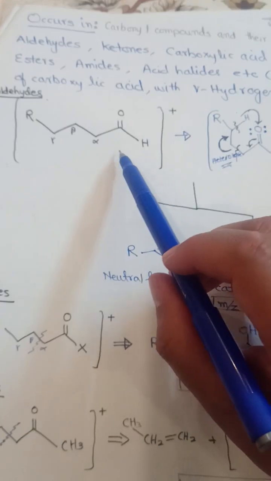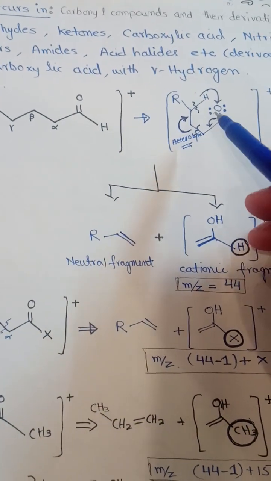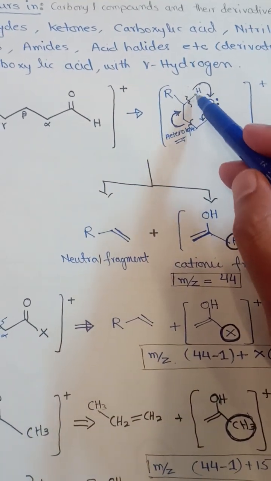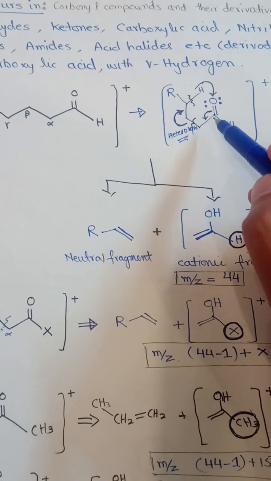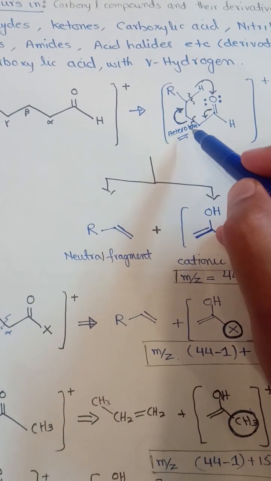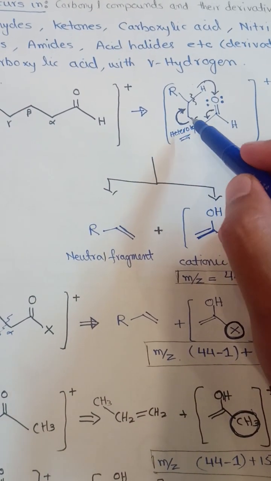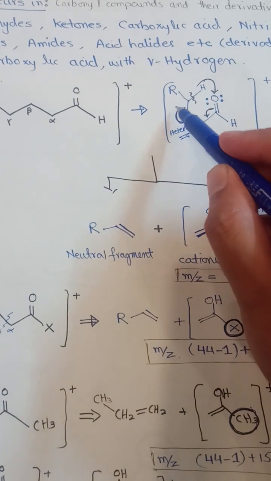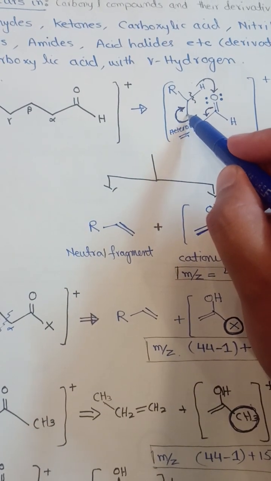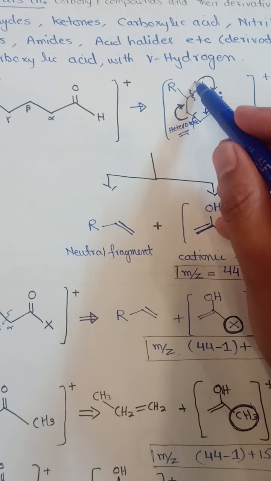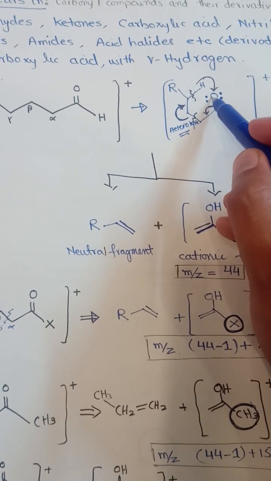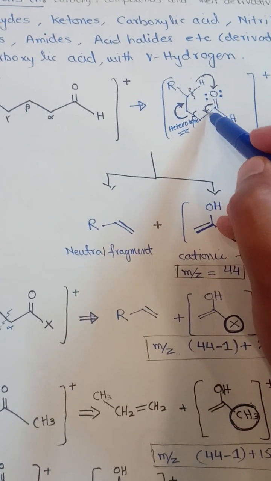So in aldehydes, if we have a gamma hydrogen, like here, then cleavage will occur from this bond, and it is a heterolytic cleavage. We will get a double bond here with a free radical, this hydrogen will be shifted towards the oxygen, and this bond will be shifted here.